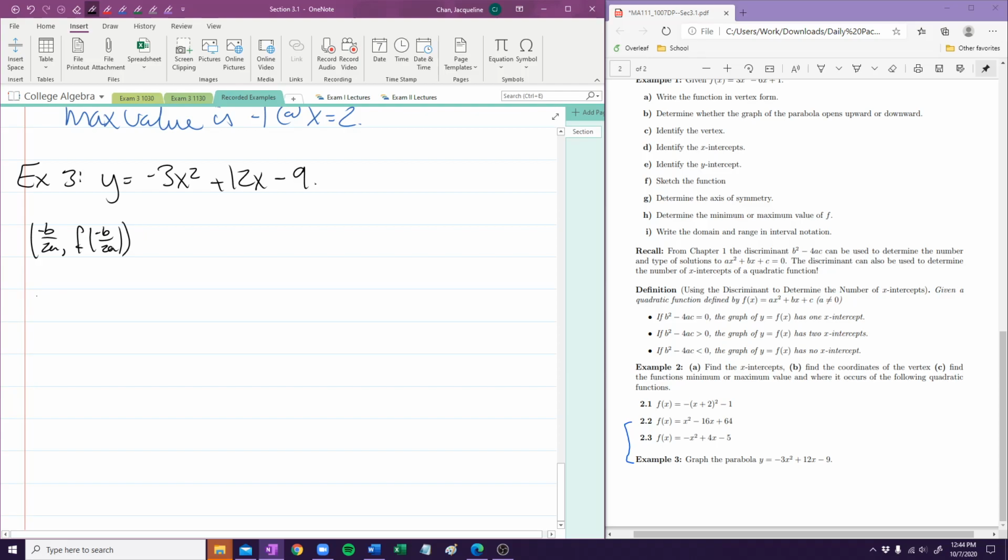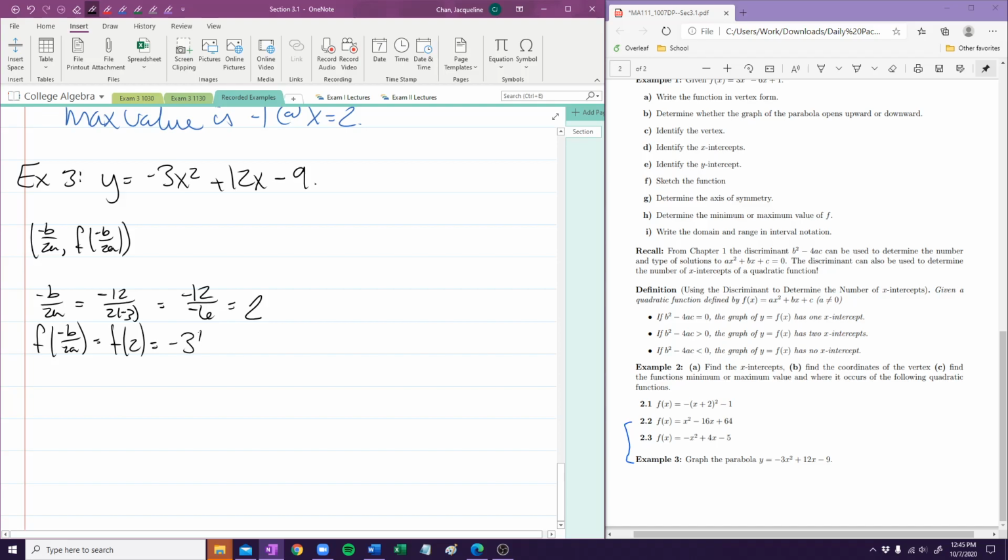I'm just going to do it separately. So negative b over 2a is negative 12 over 2 times negative 3. This is negative 12 over negative 6, and this is 2. And then f of negative b over 2a is equal to f of 2.